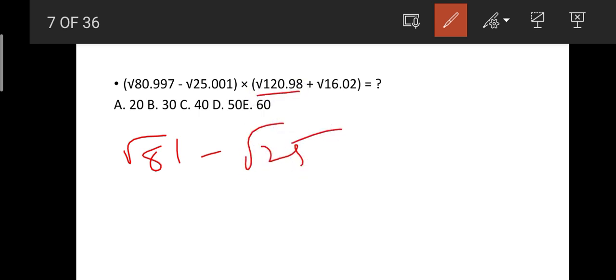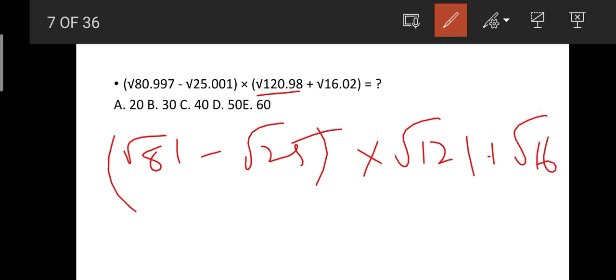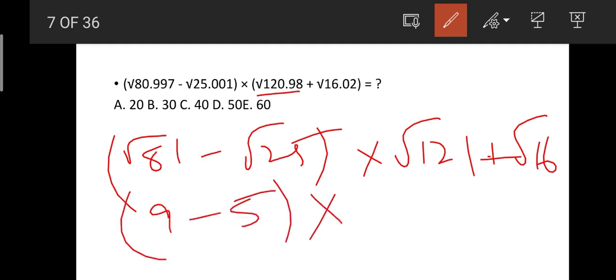Here it is 120.98, you can take as root of 121, and for 16 it is root of 16. Okay friends, root of 81 is 9, root of 25 is 5, into root of 121 is 11, and root of 16 is 4.